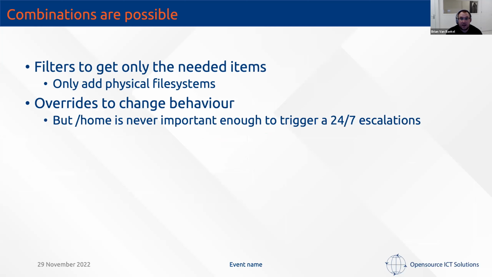And this is actually giving you a lot of options, especially when you start combining things. So you can just filter out the items that you want. For example, only add physical file systems, filters. And then we add overrides to change the behavior so that, I don't know, /home is never alerted on during the night or is having a different severity or things like that. So it's giving you, again, a lot of flexibility within your templates.